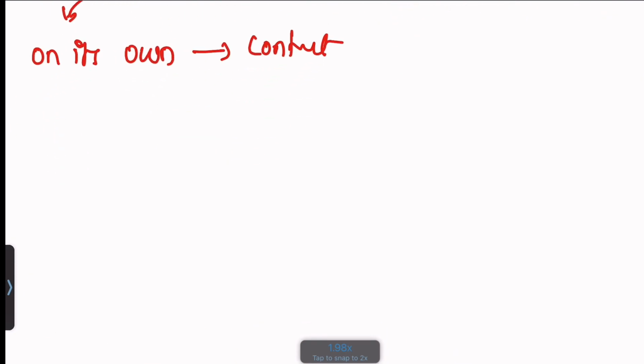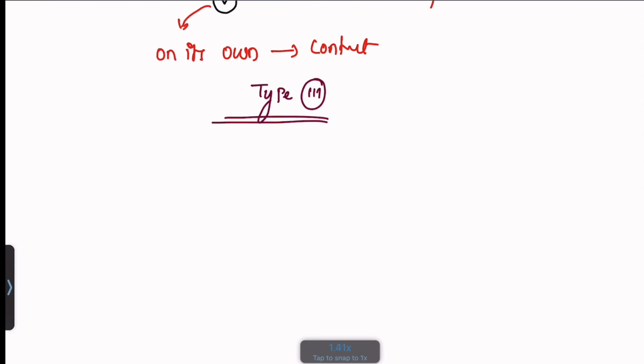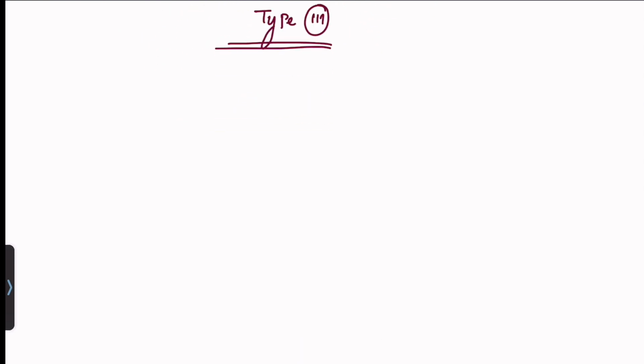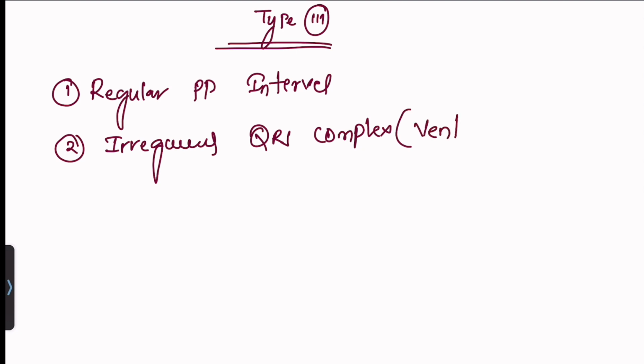So how will you define type 3 heart block? Type 3 heart block: there is a regular PP interval and irregular QRS complex or ventricular depolarization.